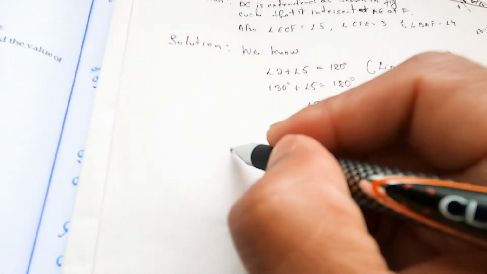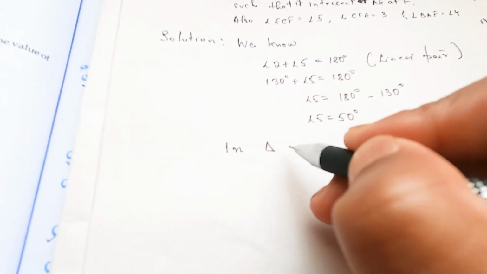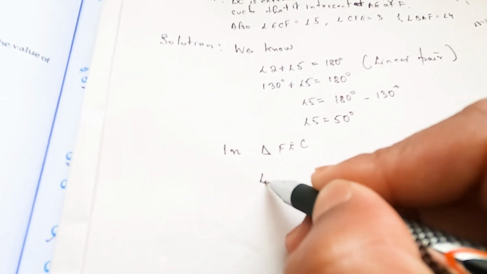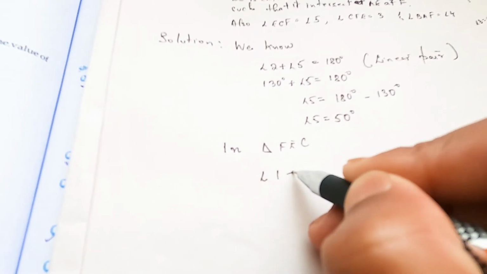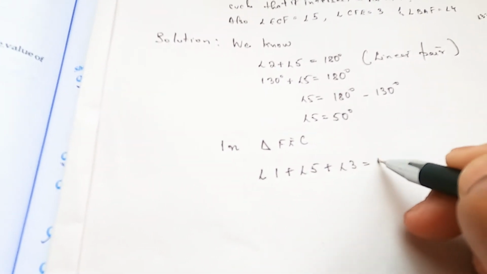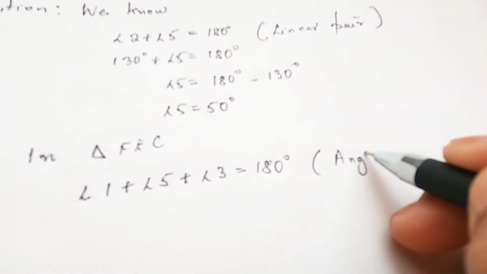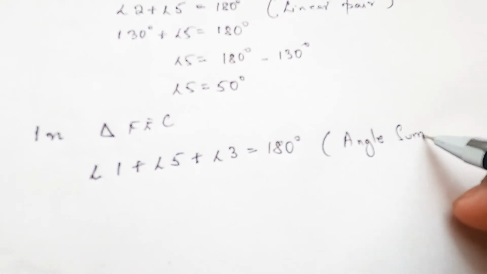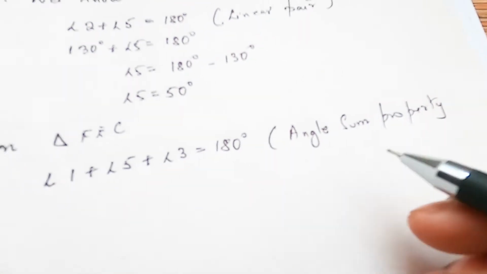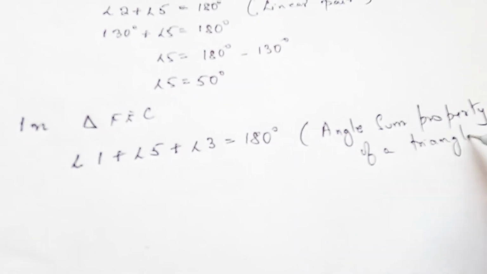Now in triangle FEC, angle 1 plus angle 5 plus angle 3 is equal to 180. What is the reason? Angle sum property of a triangle.